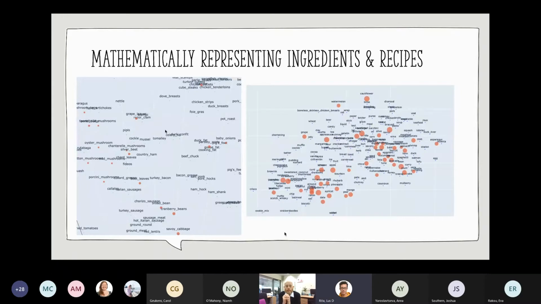Exactly, because this analysis is exclusively based on the co-occurrence of ingredients in the same recipes. What we can tell here is that these two ingredients should pair well if they are very close in the space, or it's not expected for them to pair well together if they are further apart.